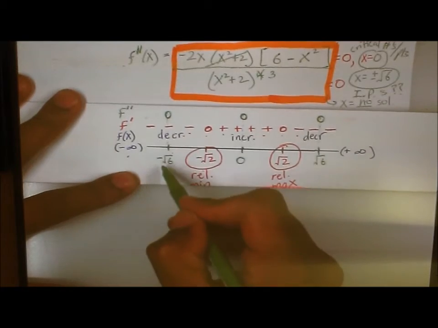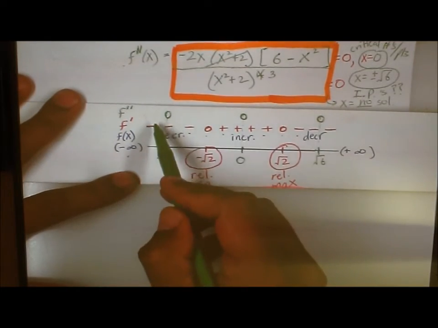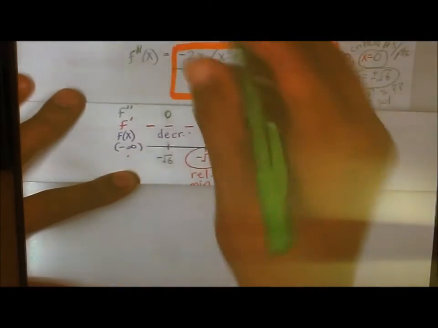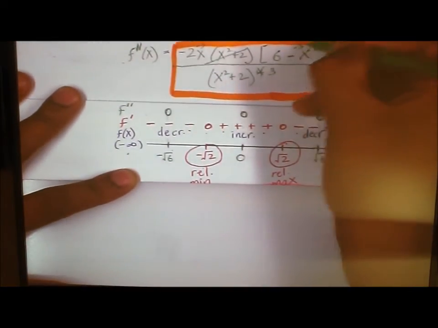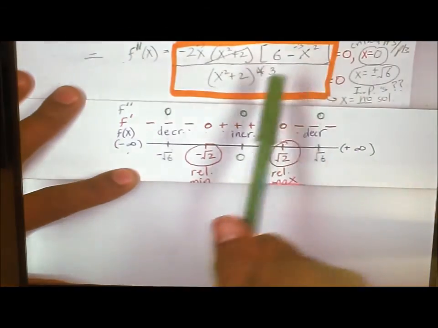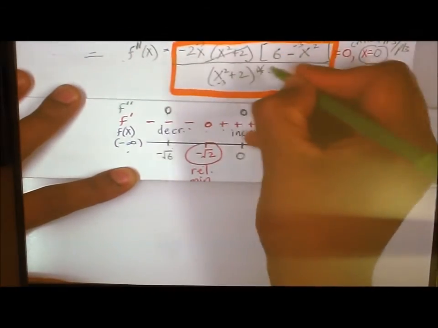Now I'm going to pick a number less than negative root 6, like negative 3, and plug it into f double prime. I get positive times negative, which is negative. Negative divided by positive is negative.